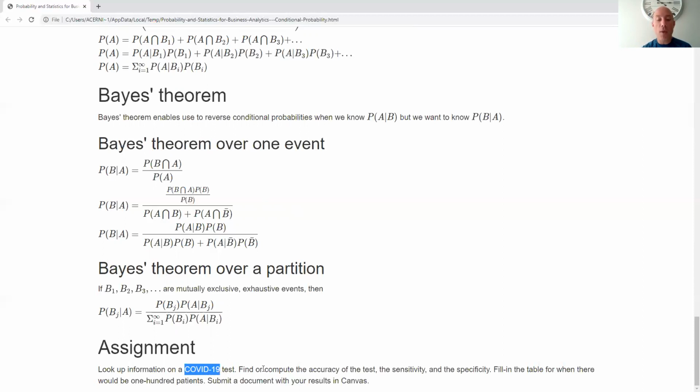We want to compute the accuracy, the sensitivity, and the specificity. Then we want to fill in the table for when there would be 100 patients. Given the accuracy, sensitivity, specificity, and 100 patients, we want to fill in the correct positive, correct negative, false positive, false negative table.